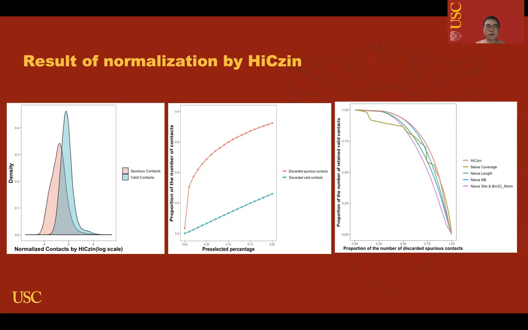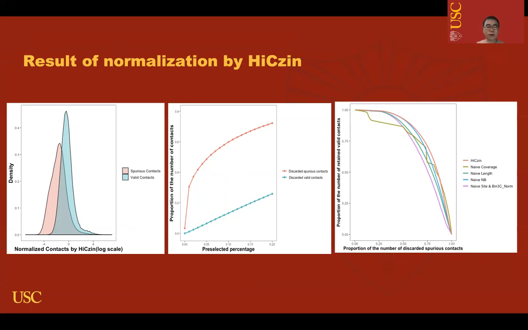And the larger threshold could detect more spurious contacts while incorrectly identifying a higher number of valid contacts. Though there existed a trade-off, the proportion of discarded spurious contacts increased much faster than that of discarded valid contacts, indicating that we could remove a large fraction of spurious contacts while keeping most of the valid contacts.